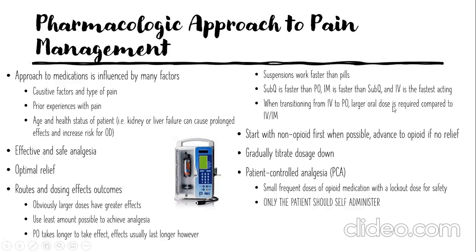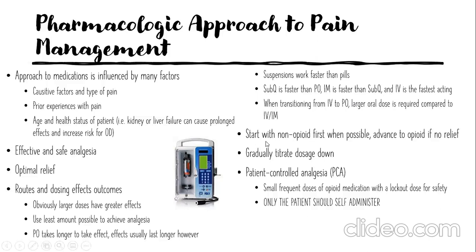IV bolus, meaning you're pushing it through the IV, is obviously the fastest acting. However, think about it this way too. The faster the drug starts working, the faster it wears off too. So IV drugs work fast, but they also wear off much faster. Whereas PO medications, they do take a long time to work, but you're going to see the effects lasting much longer than IV or IM.